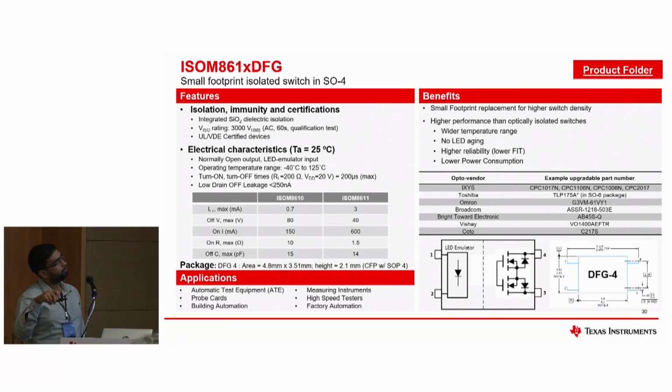For example, the leakage here at room temp is less than 100 nanoamps, and across temperature it is 250 nanoamps, because at hot you see higher leakage through FETs. The turn on and turn off time for a typical load is way more symmetric compared to the optocouplers, and it's 200 microseconds, which is enough for these kinds of applications.